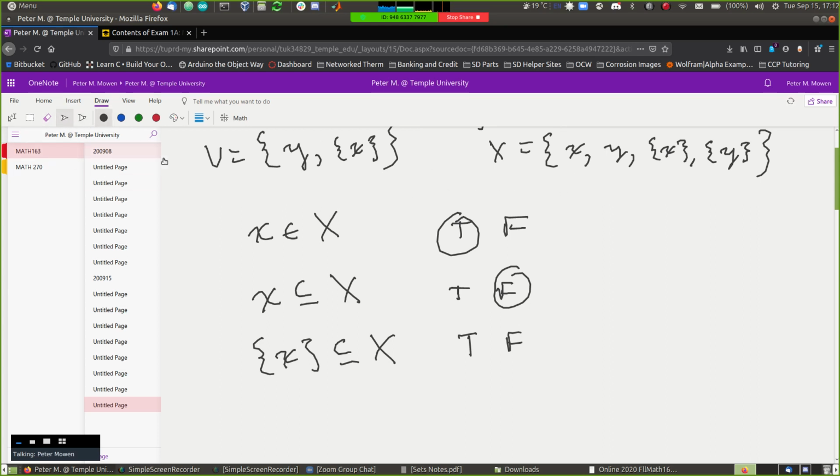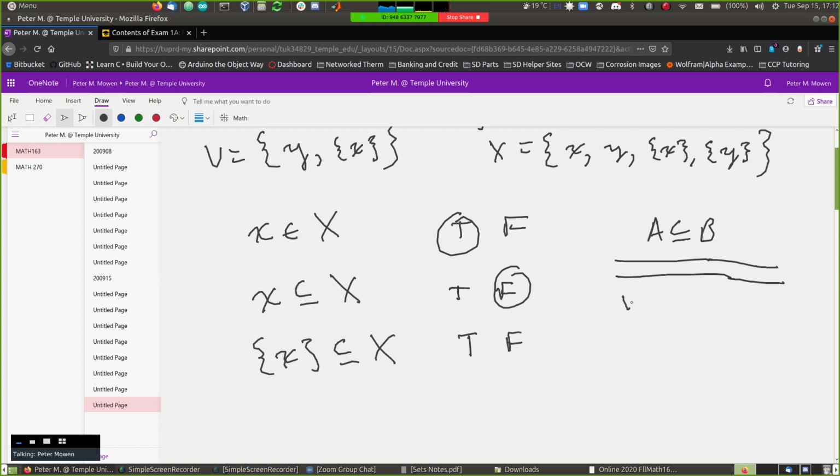Well, so what does it mean for a set to be a subset of another set? So if A is a subset of B, what's true? Yeah, but you can't really use diagrams on proofs.